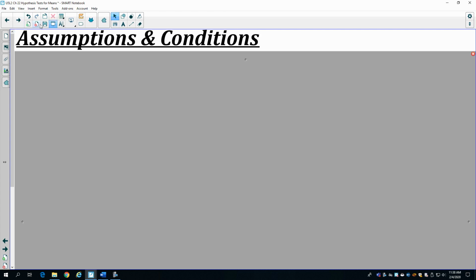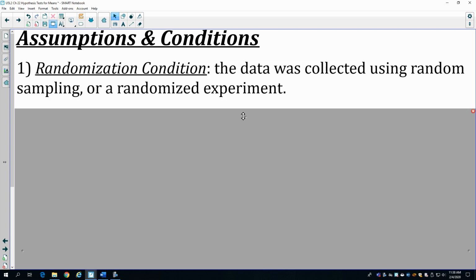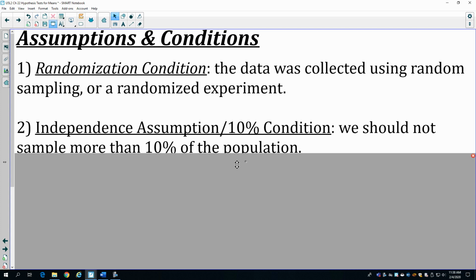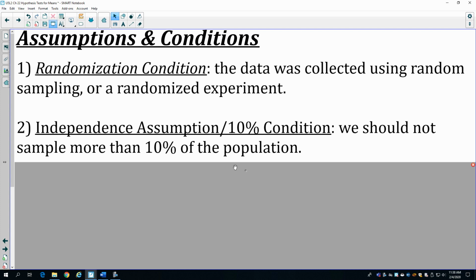As always, we need to meet assumptions and conditions. These are the same as when we did a confidence interval. It needs to be a random sample, which in this case our 50 trips were. We need to have less than 10%. If this company is sending their vehicles on trips constantly, then we'll assume that 50 is less than 10% of all the trips that cars will take.